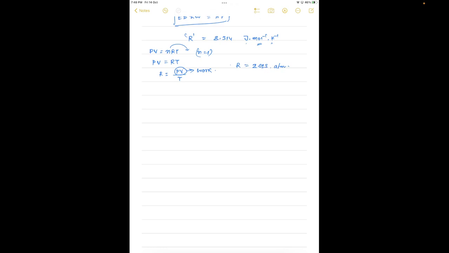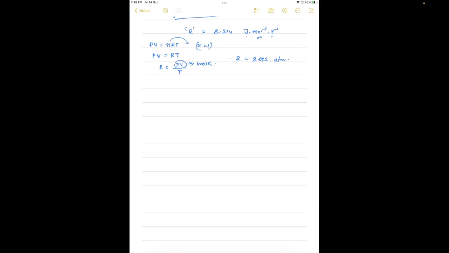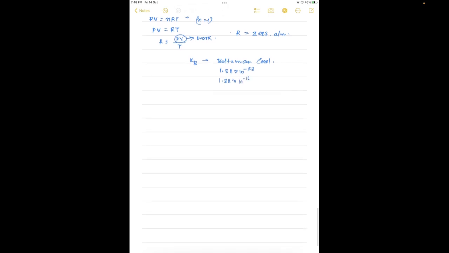Importantly, often you see in problems that sometimes it is expressed in the KB unit, or sometimes as R. KB is the Boltzmann constant, which has the value of 1.38 times 10 to the power minus 23 in SI unit, and 1.38 times 10 to the power minus 16 in CGS unit.